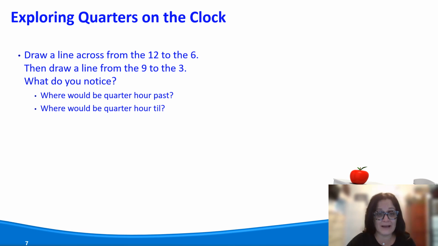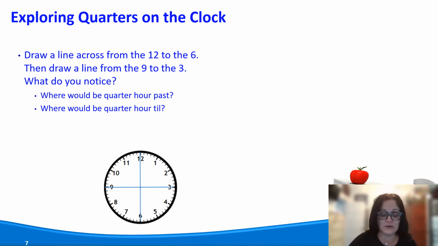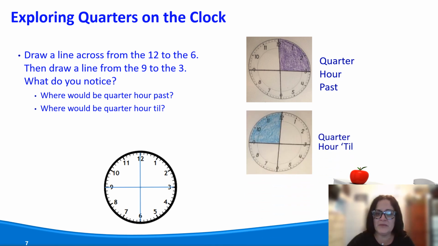Explaining time and using quarters on the clock is new to second grade, as we talked about a little bit earlier. But again, similar to what we did with half past and half till, we can use nice visuals, showing a line from the 12 to the 6 and then a line from the 9 to the 3, and having our students look and see what they notice, and asking questions about where would be a quarter hour past and where would be a quarter hour till, and then also coloring it in so that they can see the fractional amounts on a clock.